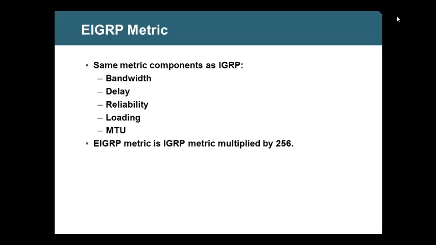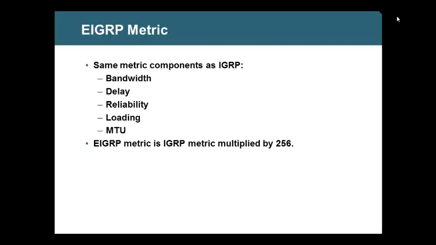K1 is equal to 1, K2 equal to 0, K3 was 1, K4 and K5 were 0. I showed you that in the hello packet. Also, when I showed you the update, you saw the real bandwidth like 1500 meg, delay maybe 50, something like that.